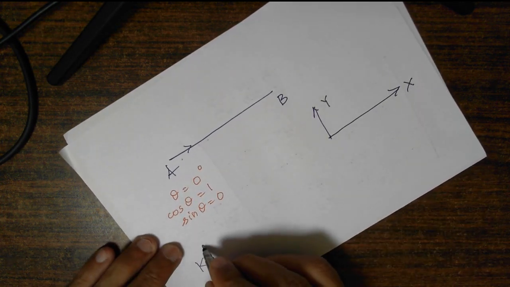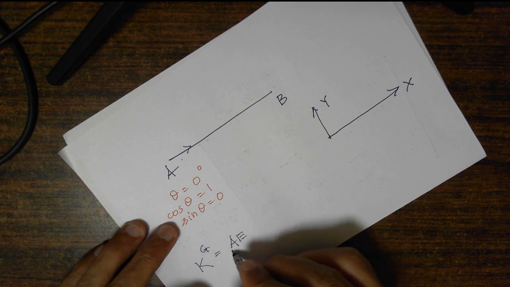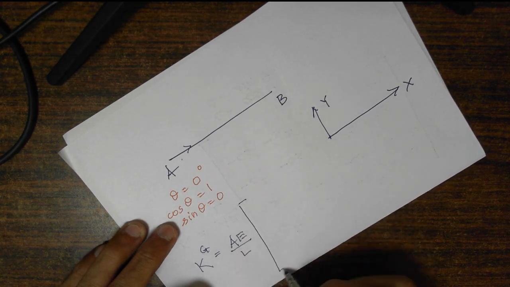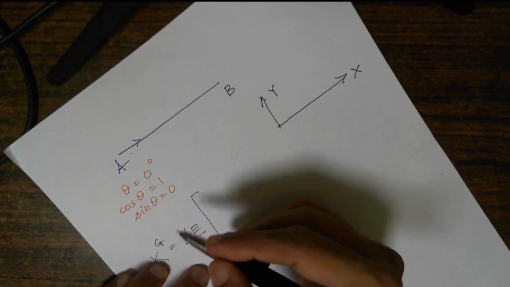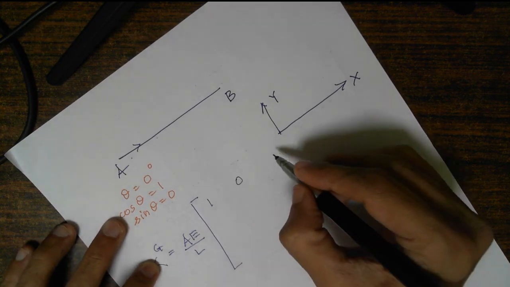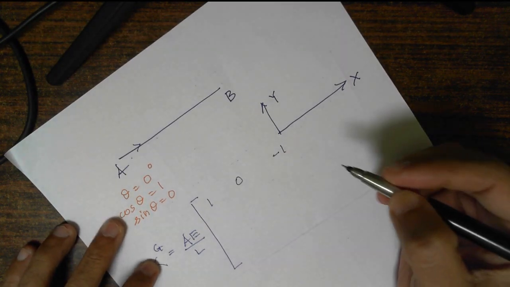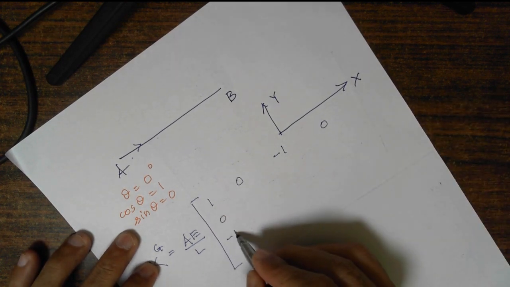So K global is equal to AE upon L. First of all, I will compare this with the global stiffness matrix I have derived: C square, CS, minus C square, minus CS. So I am writing C square, that is 1, CS 0, minus C square, minus 1, minus CS 0, same for the column.